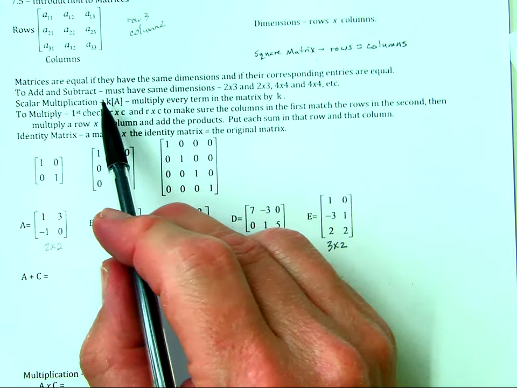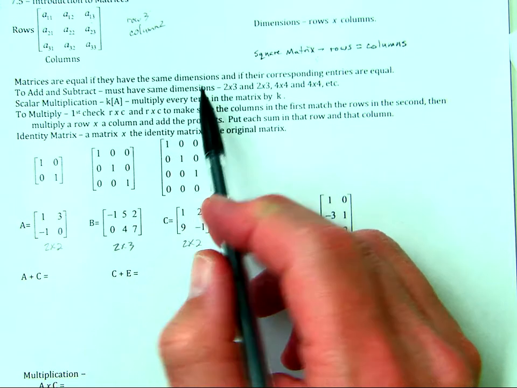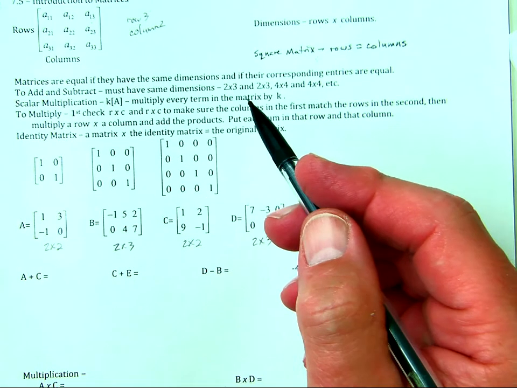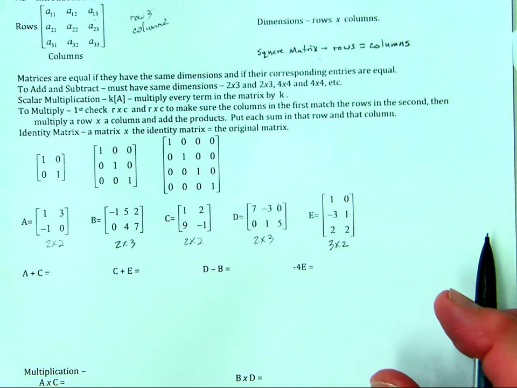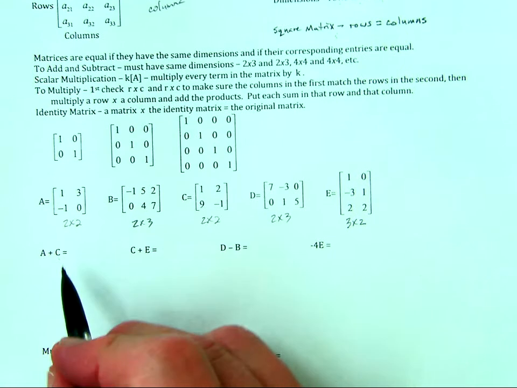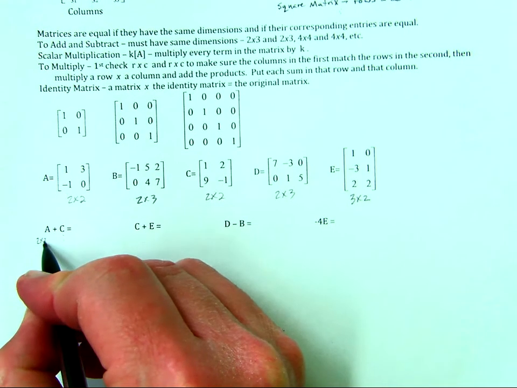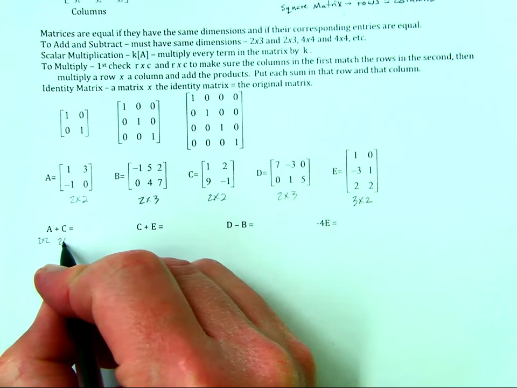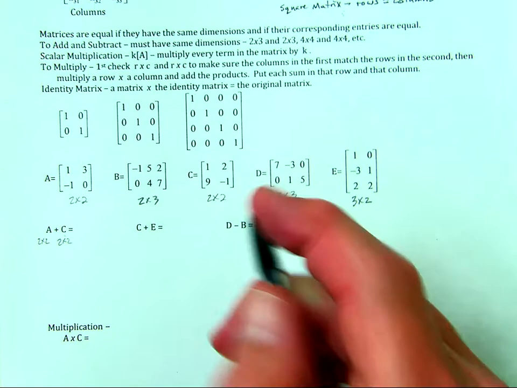If we want to add and subtract matrices, they must have the same dimensions. So you can add a 2 by 3 to a 2 by 3. You can add a 4 by 4 to a 4 by 4. If they don't have the same dimensions, you cannot add or subtract. Like here, if we wanted to take A plus C, well, A is a 2 by 2, C is a 2 by 2, so we can add those together. All you do is add the corresponding entries.